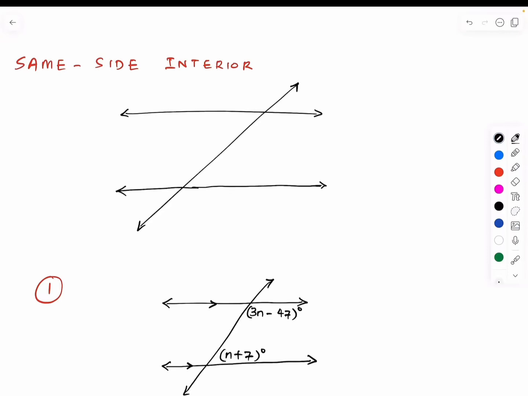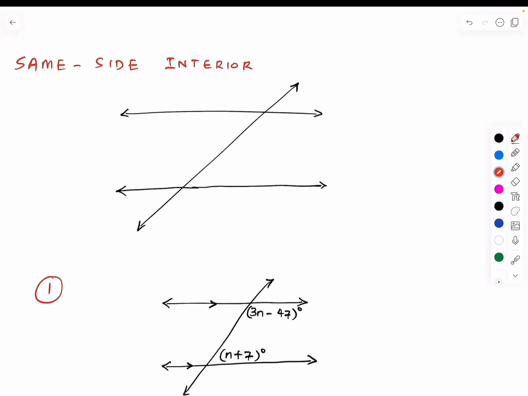Let me give you a definition for same side interior angles. Same side interior angles are angles on the same side of the transversal and they are inside the parallel lines. And these two angles will be supplementary. Let me use that definition real quick. As we said, same side, interior.